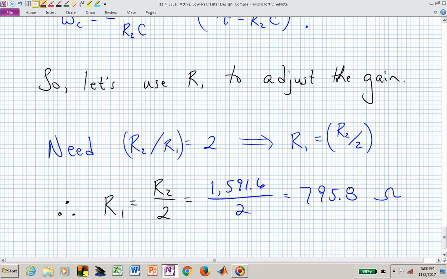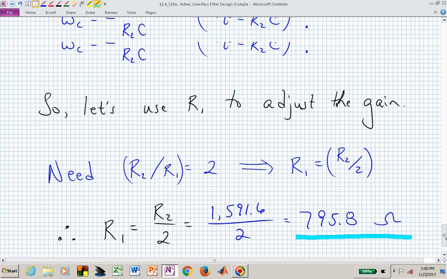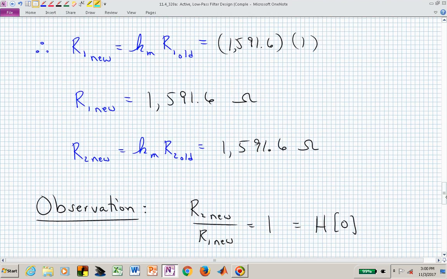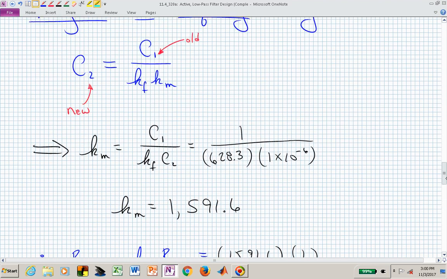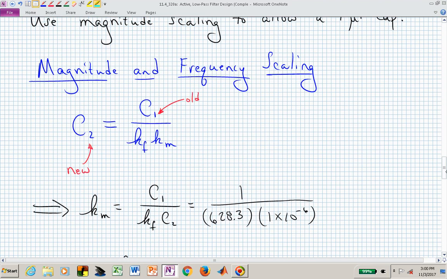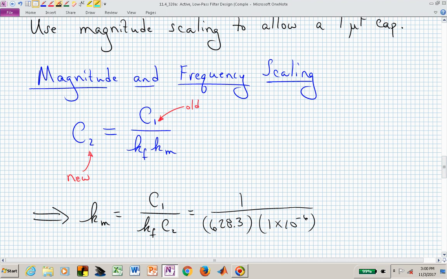We have an R1, an input resistor of 795.8. We have an R2 that's 1591.6. And what's our C? Well, our C is what we wanted. C sub 2 was this 1 times 10 to the minus 6.